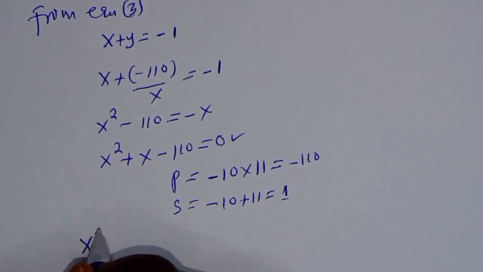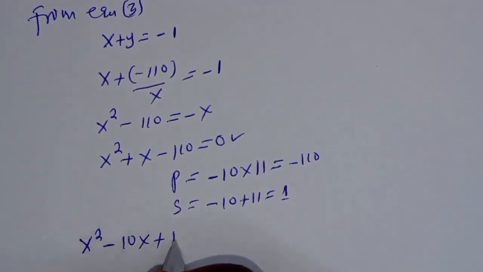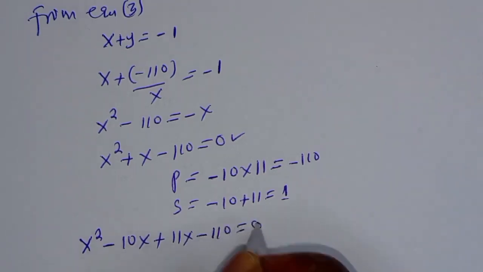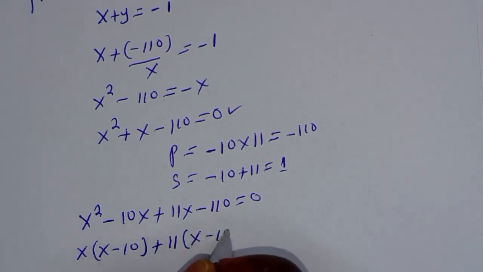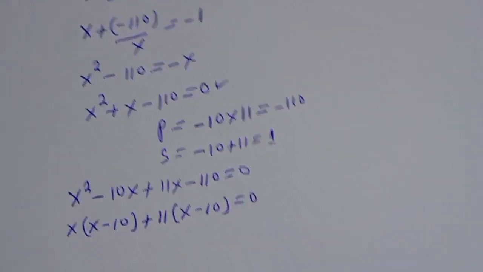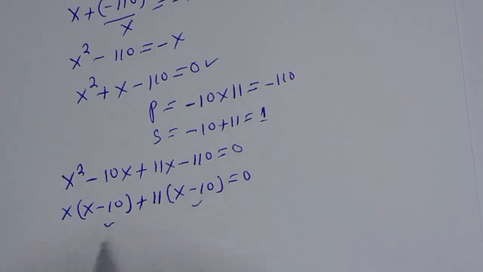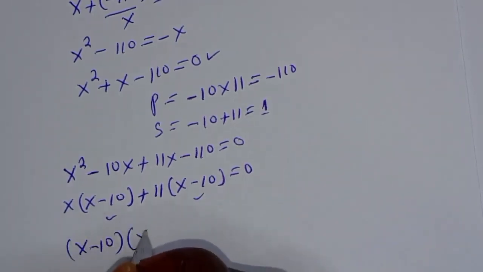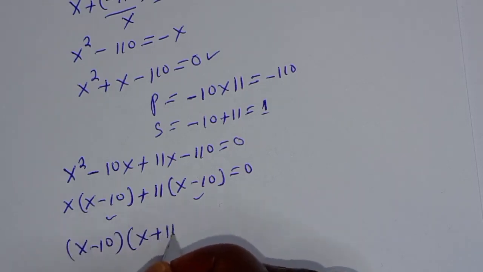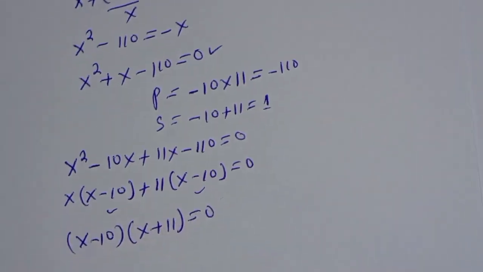We have x squared minus 10x plus 11x minus 110 is equal to 0. Then x bracket x minus 10 plus 11 bracket x minus 10 is equal to 0. Now x minus 10 is common here. We have x minus 10 bracket x plus 11 is equal to 0.